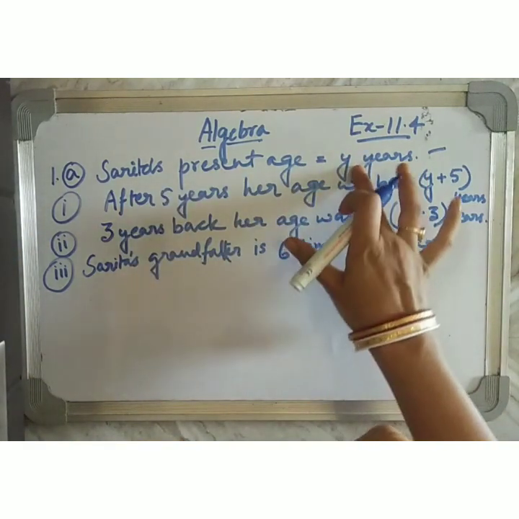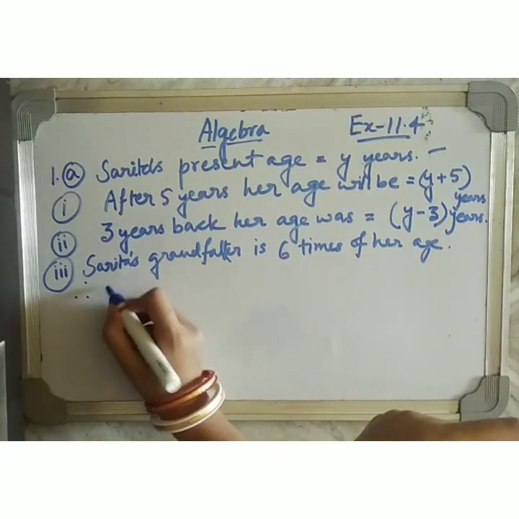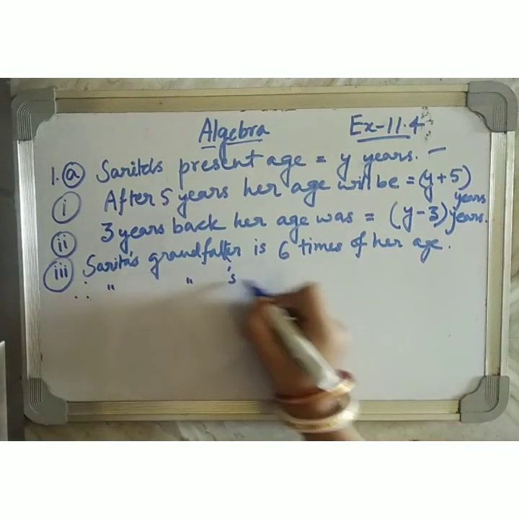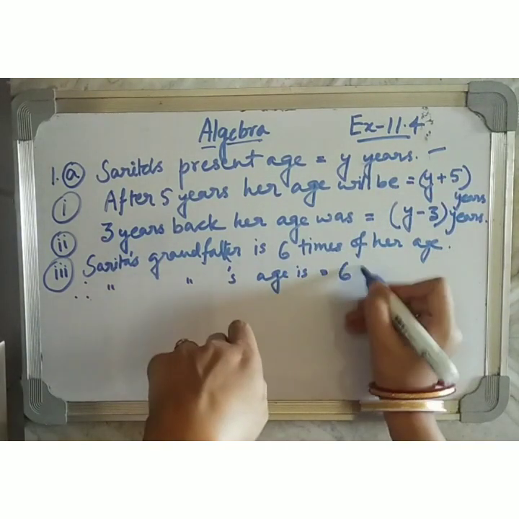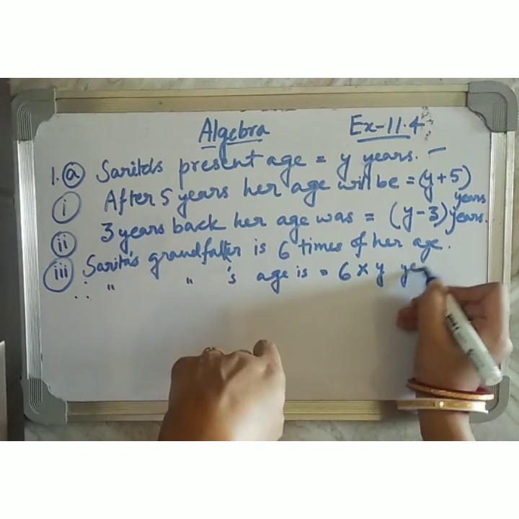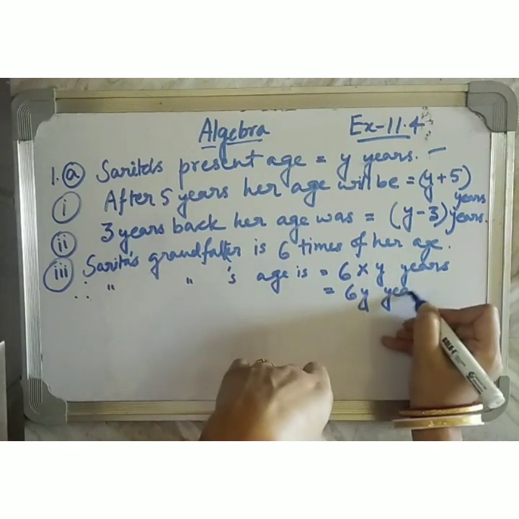Her age is y years, so 6 times of y will be the answer. Therefore, Sarita's grandfather's age is 6 into y years. So our answer will be 6y years.